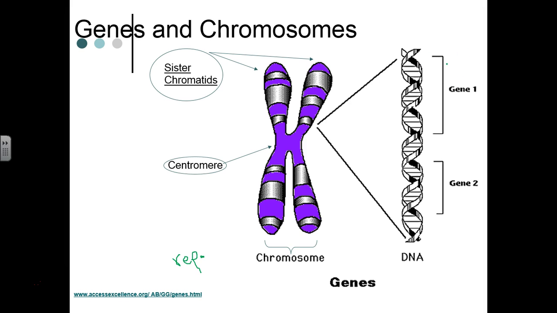But one section might be a gene, another section might be another gene, and there actually might be a section in here that we understand does not have much coding significance, right? It just continues to get inherited down from one generation to the next because they're following along on the same chromosome. Sometimes these genes have sections within them that aren't read for that particular protein, and it becomes a little bit more complicated, well beyond what you need to know at this point. But we know a lot more than what you are expected to know.